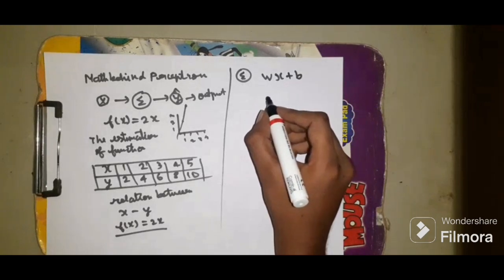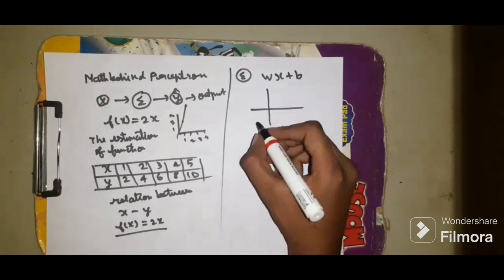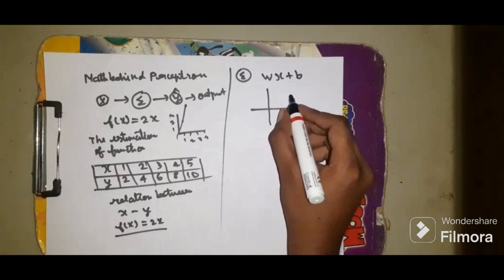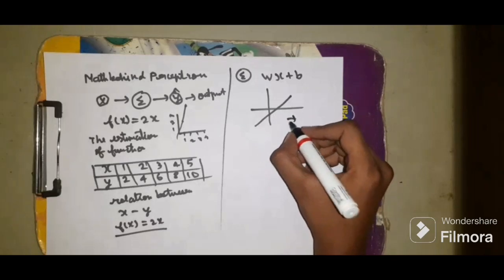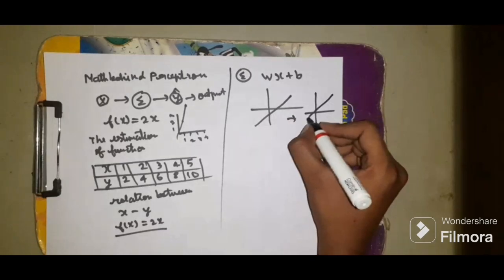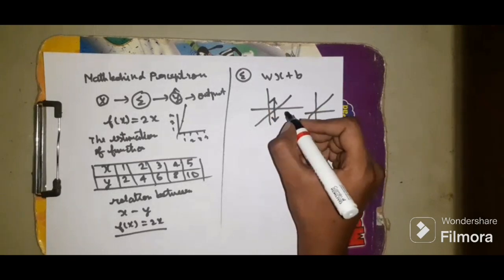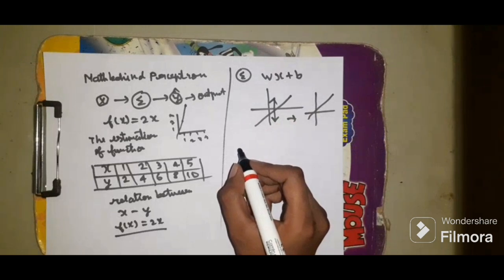The reason why we add bias is, if a function predicts out like this, if we add the bias, it will turn it like this. It will shift the line this way. So we add the bias.